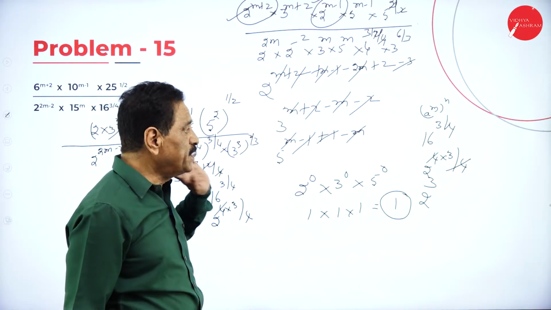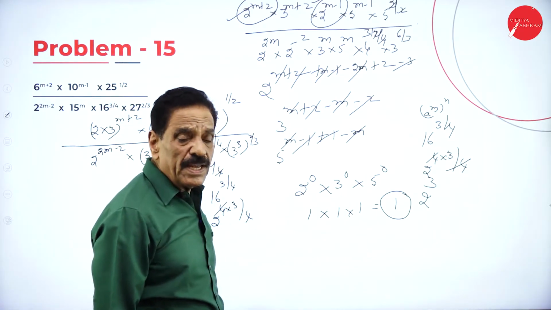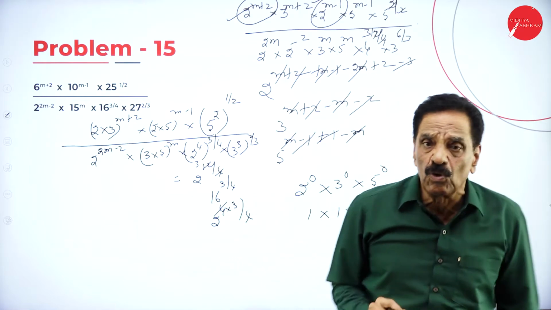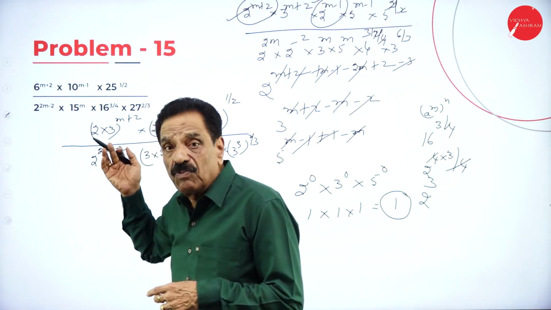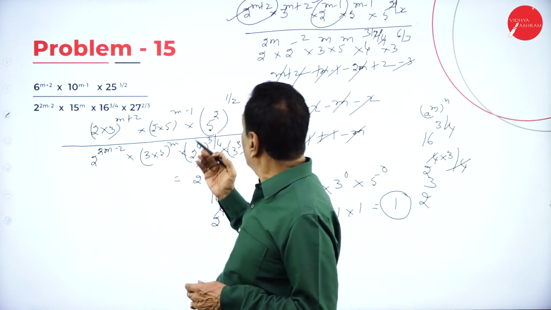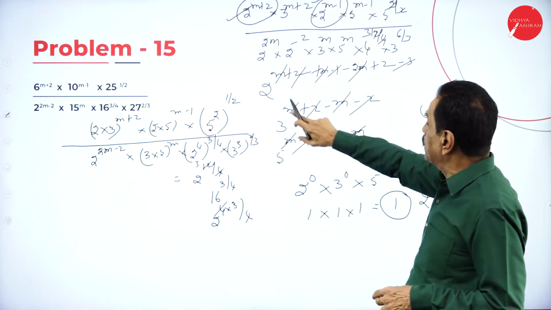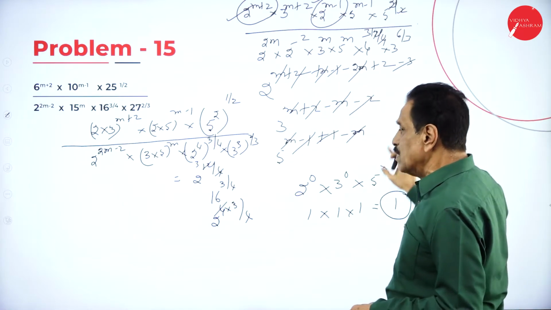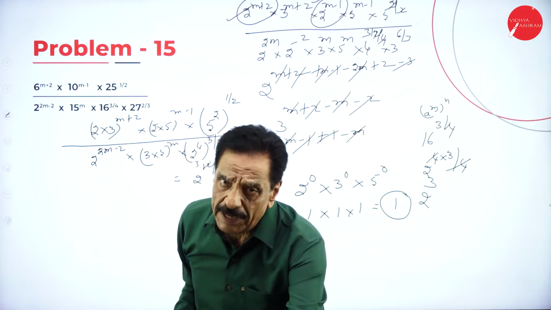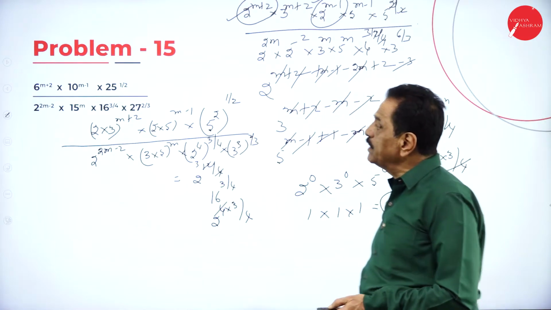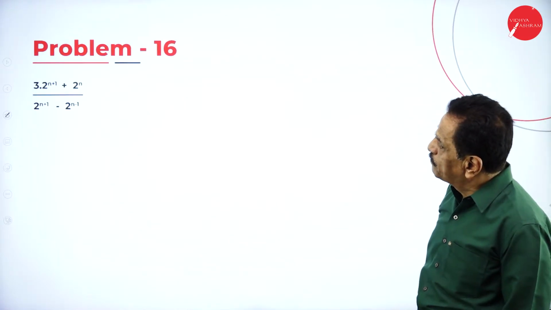So simplify this. I think you understand this. Anything to the power of 0 is 1. So I simplify in the form of 2, in the form of 3. I took the 2 as a base, 3 as a base, 5 as a base. Anything to the power of 0 is 1. So we'll go to next one.